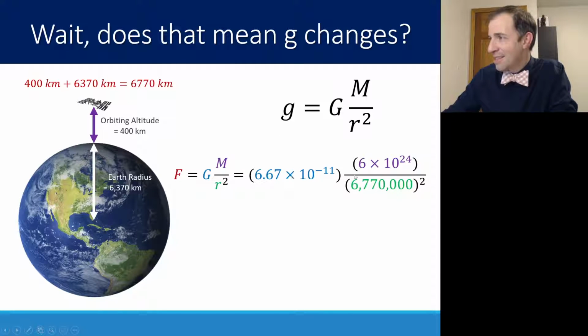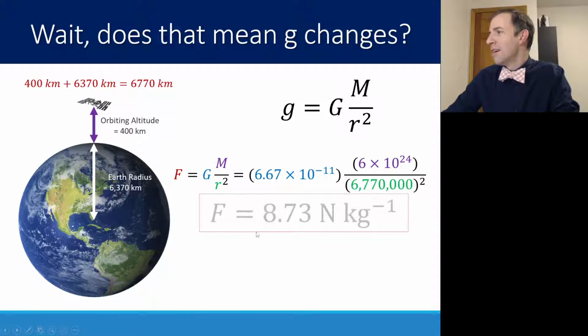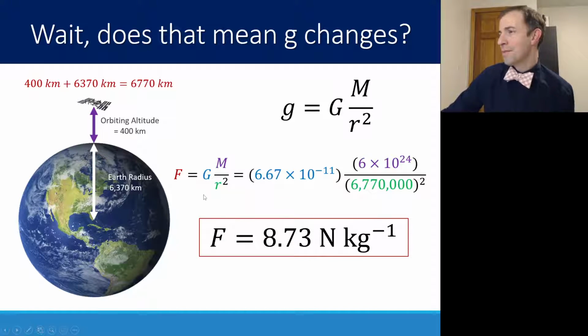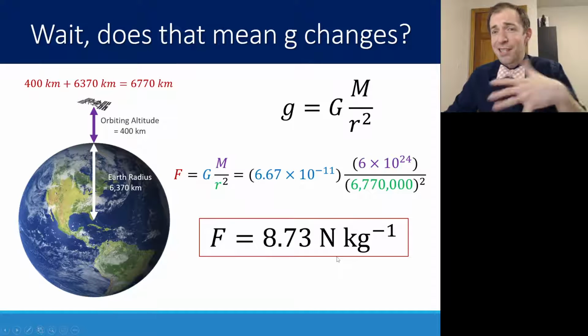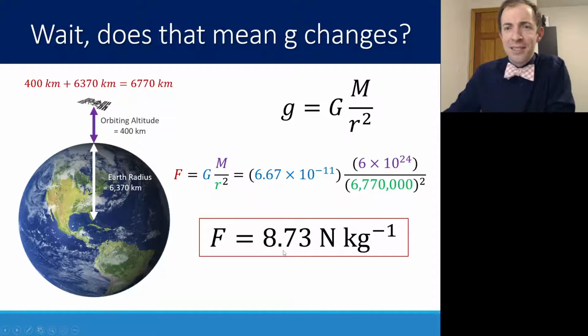If I take that and the mass of the Earth, which isn't shown here, that distance converted into meters, and this gravitational constant, I get a value that's showing here as 8.73 newtons per kilogram. I'm realizing now that this is misinterpreted. That should be a lowercase g, not a capital F. So lowercase g is equal to 8.73 newtons per kilogram. That is a little bit less, not a lot less, but a little bit less than gravity was on the surface of the Earth.